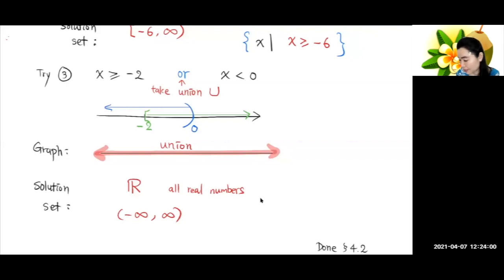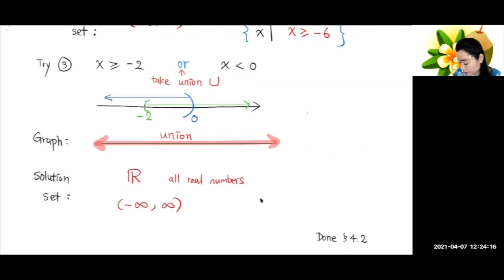Let me try to think about this. Okay, let me try to draw the diagram. So say this is the whole thing, right? And then you have the green part right here, say this part, right? And then you have the blue part right here.